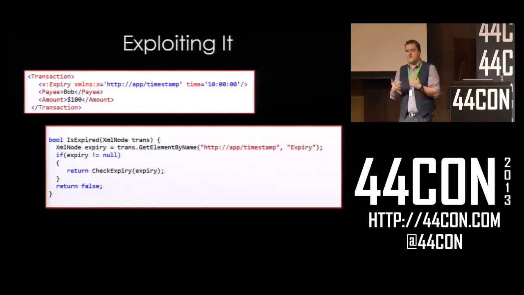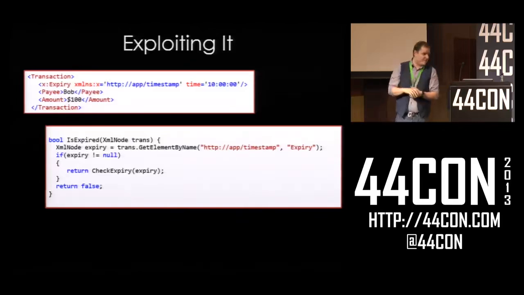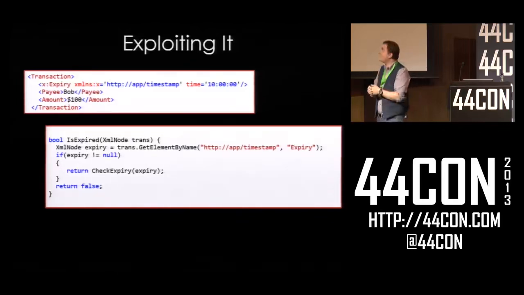And this is in a separate namespace because namespaces are used, like you may go, someone's defined a timestamp or an expiry element somewhere else, therefore I may as well repurpose it, because then processors of expiries can work perfectly well. Some stupid excuse for that, and it does happen. If you actually look at the XML encryption specification, it repurposes a lot of the digital signature specification for key information and stuff like that, rather than defining its own.